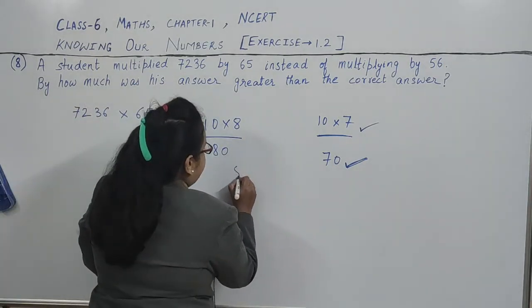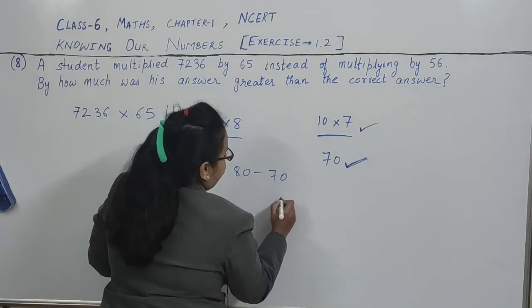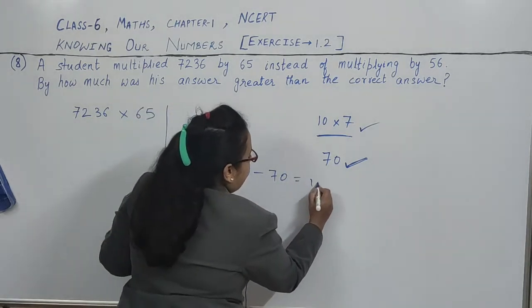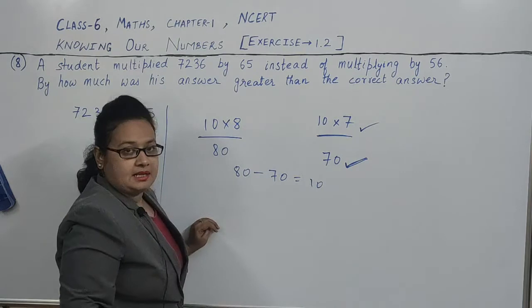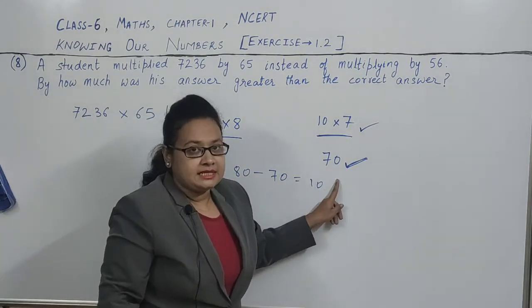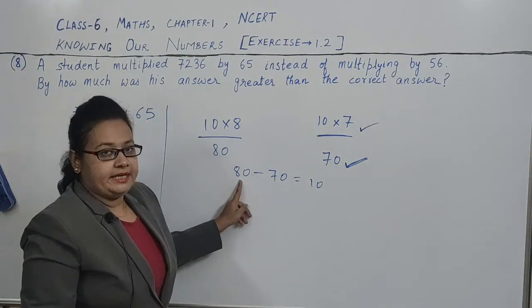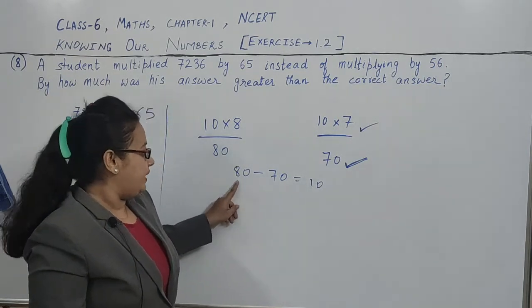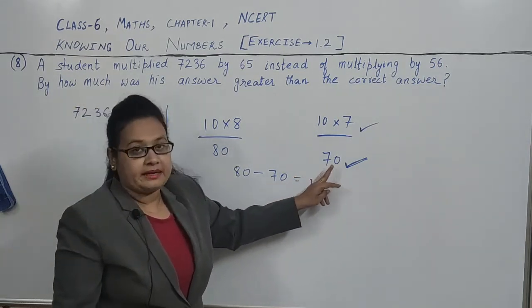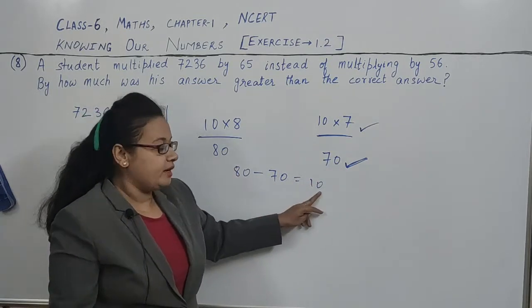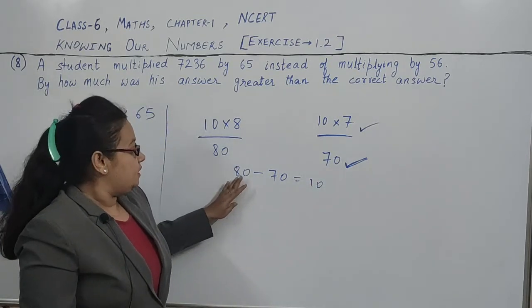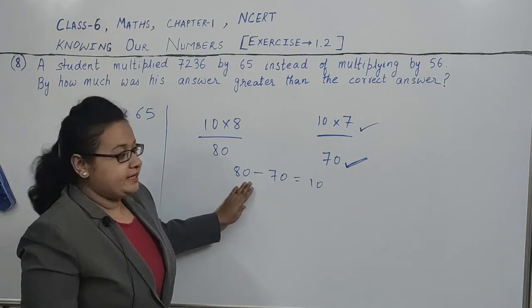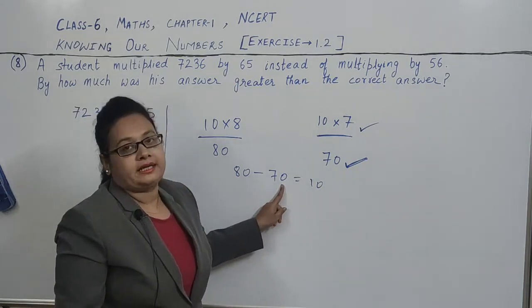We will do 80 minus 70. Your answer will be 10 more than the correct answer, because the correct answer will be 70 but you got 80. So we subtracted 70 from 80 and we got 10.